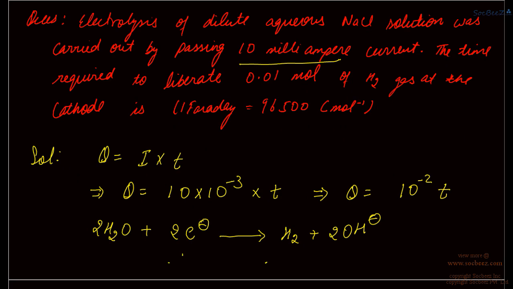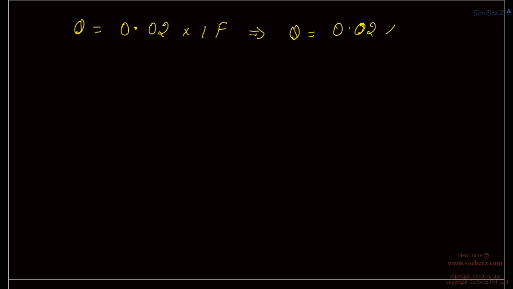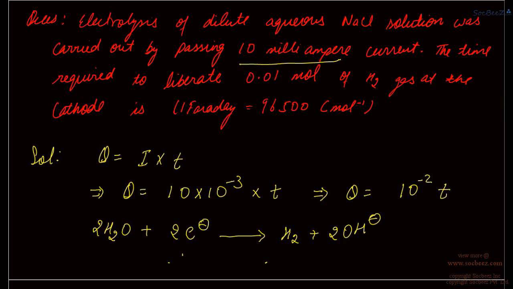Therefore Q equals 0.02 into 1 Faraday, or the value of Q comes out to be 0.02 into 96500 coulomb.